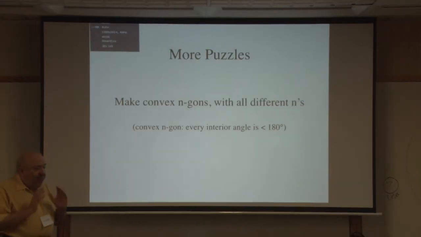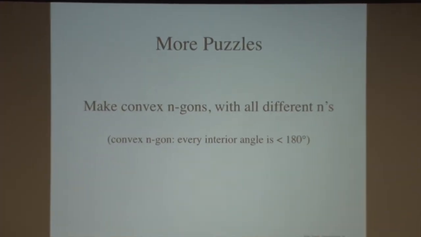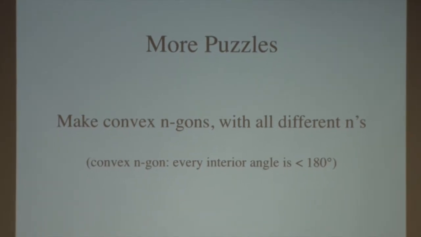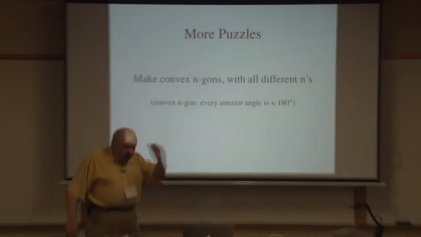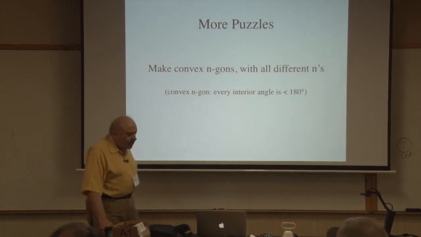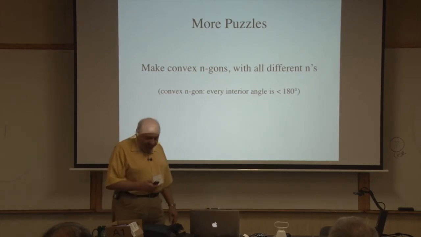Okay, here's your next challenge: convex polygons with all different numbers of sides. So for example, a triangle, that's a convex polygon. Basically, you don't want any inside angles to be greater than 180. So triangle is already made, a square is already made, and a pentagon we just had.